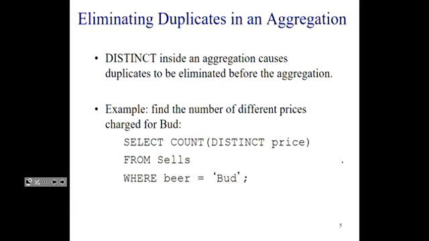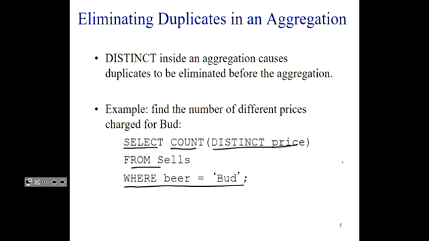In some cases where you may have values being repeated, you might want to use the distinct keyword once again, and it turns out this distinct keyword can be used within an aggregation. One example is select count distinct price from Sells where beer is equal to Bud. So you're counting the number of distinct prices at which Bud is being sold.